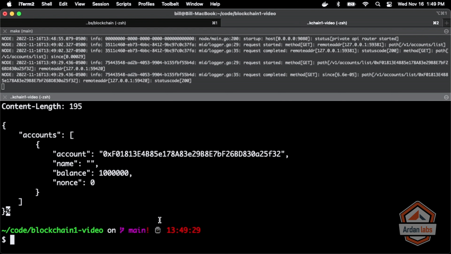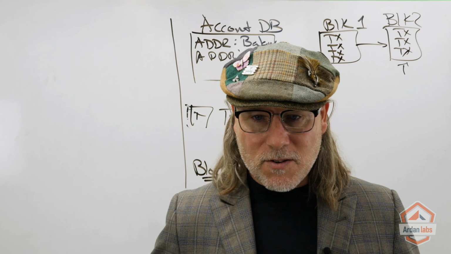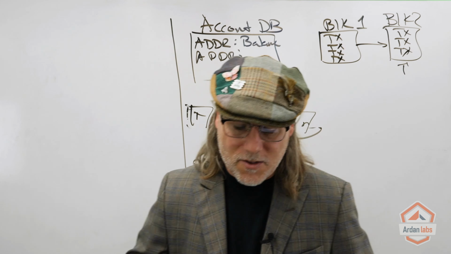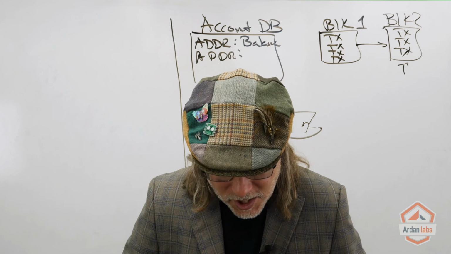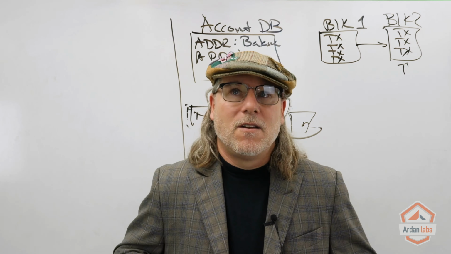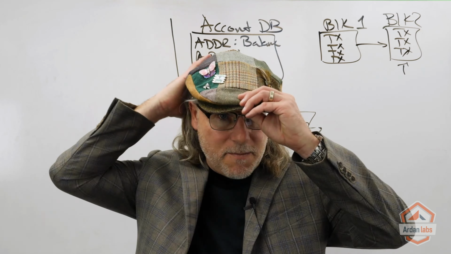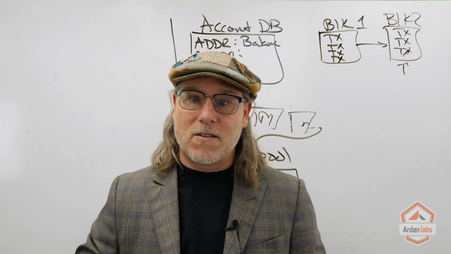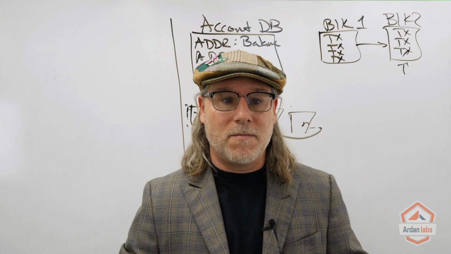How cool is that? So we've got essentially the beginnings of our database management in place. We've got an accounting system, at least in place for the Genesis. So we can bring up our server, read the Genesis, build the accounts with their balances. And we even have some endpoints that will let us see what those balances are at any time.